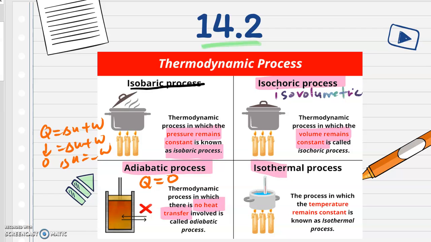And then we have isothermal process. Isothermal process ni adalah proses di mana temperature remains constant. Okay, we go one by one.